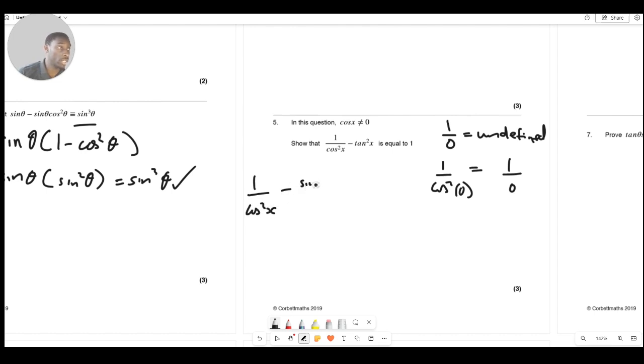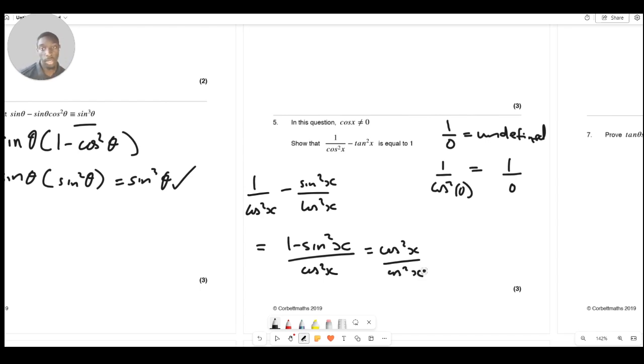Now tan is sine squared x over cos squared x. So now I'm going to have 1 minus sine squared x over cos squared x, and it's going to give me cos squared x over cos squared x. If I have the same term on top and underneath my fraction, it's equal to 1, which is what I have been given.